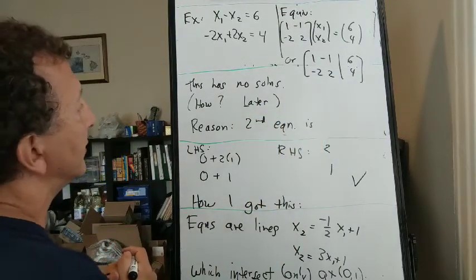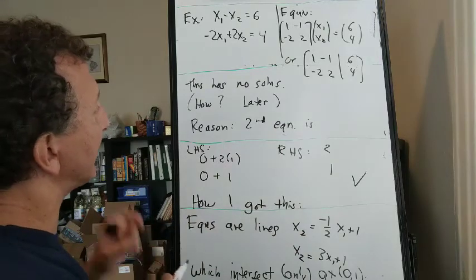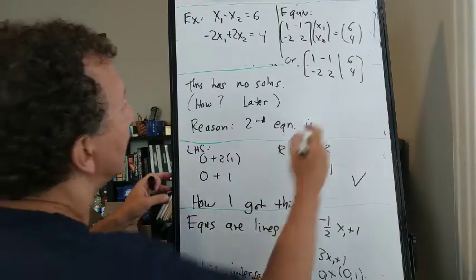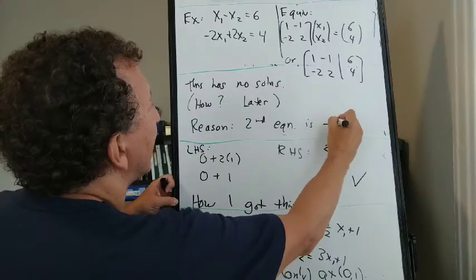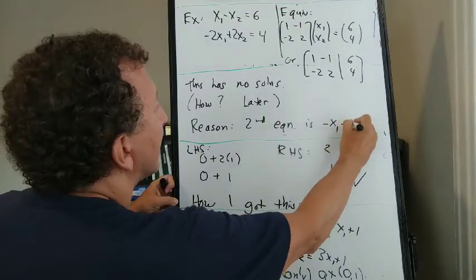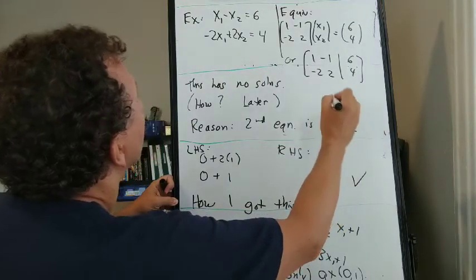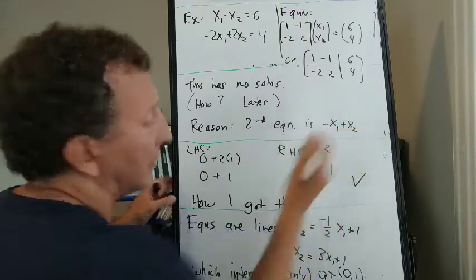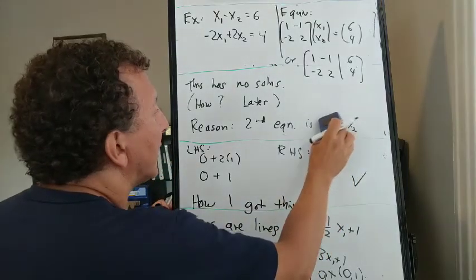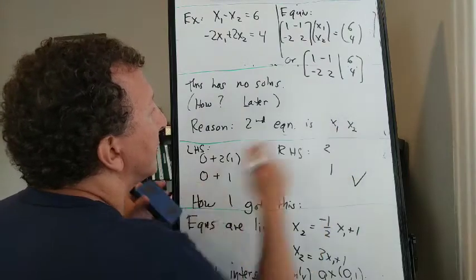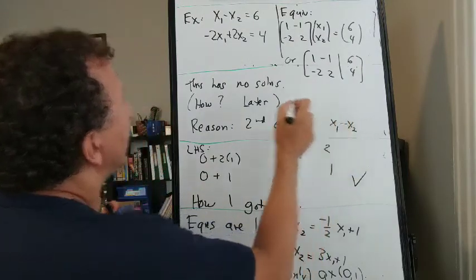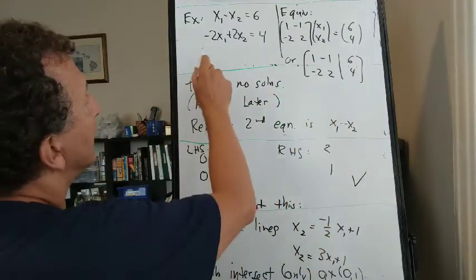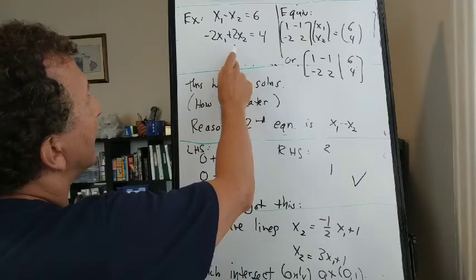The reason we can see this has no solutions is that the second equation, if I divide everything by negative 2, gives x1 minus x2 equals negative 2.